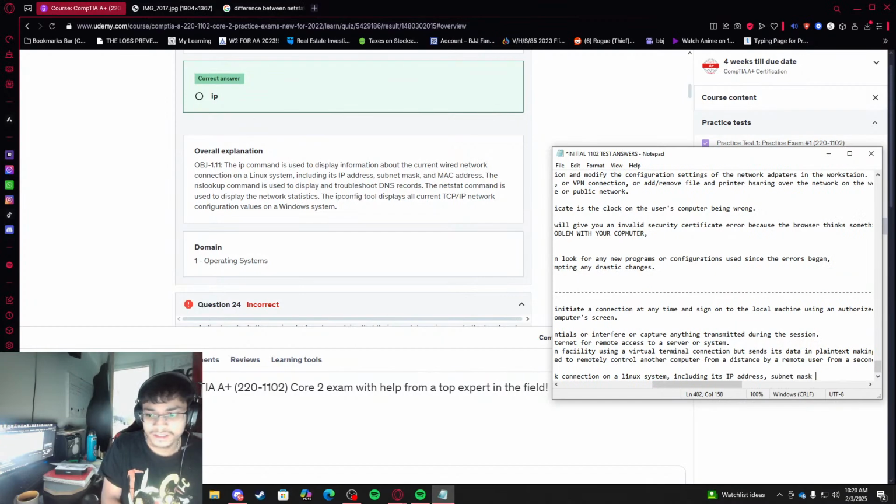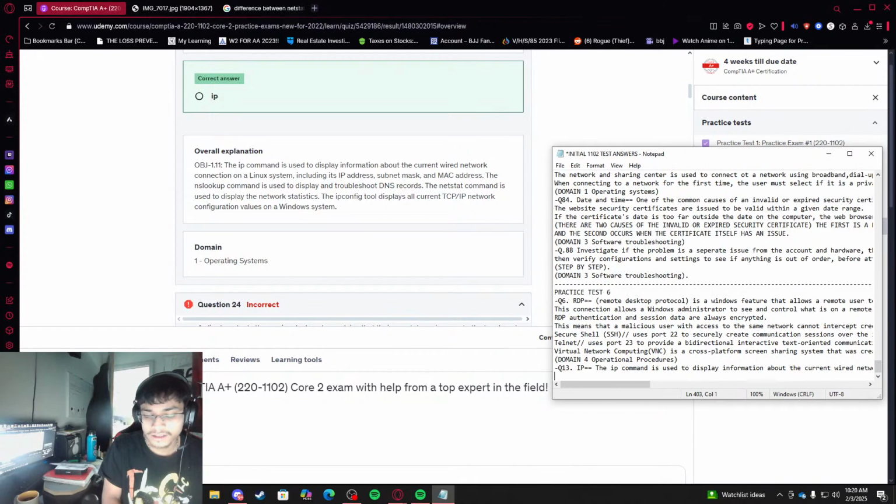Subnet mask and MAC address. To display and troubleshoot DNS records. Queries. DNS.